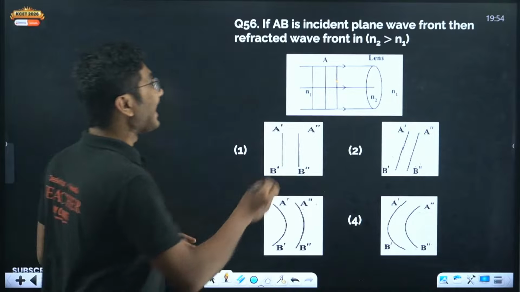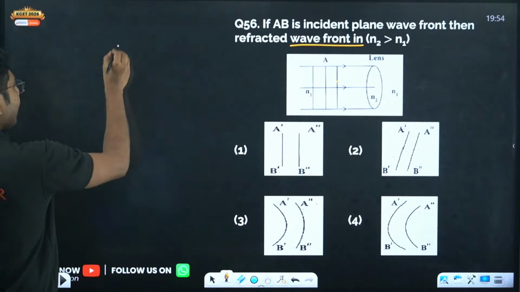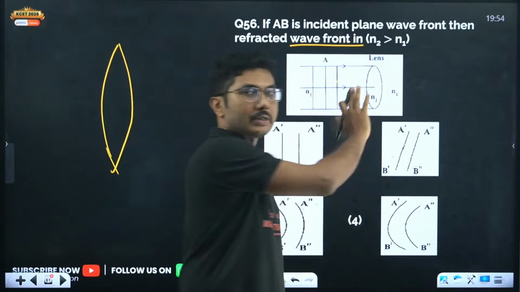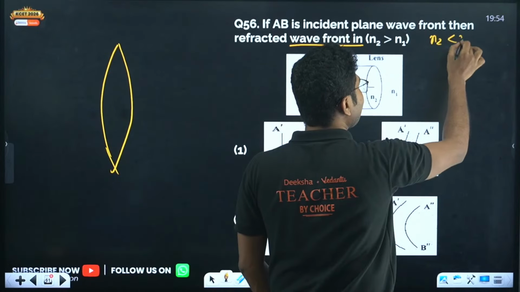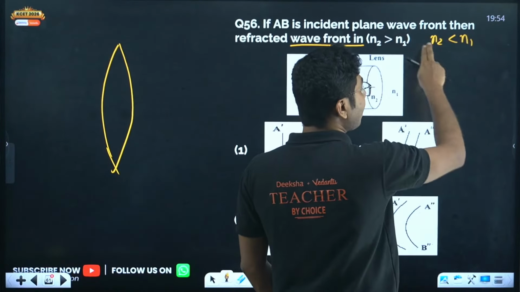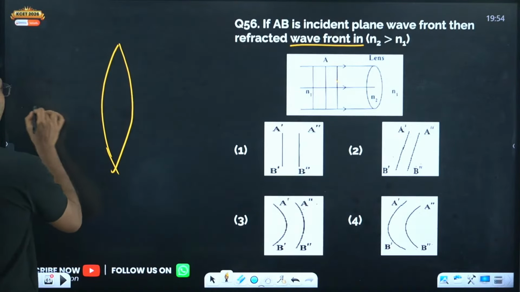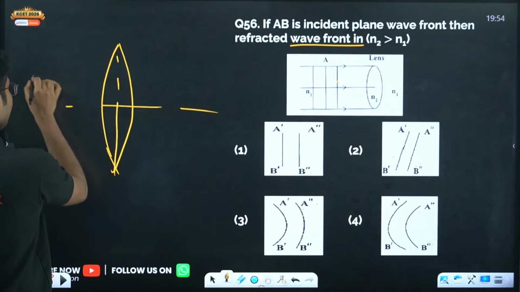You have to find the wavefront. Here we have a normal convex lens. If n2 is less than n1, then exactly the opposite would have happened. Remember that. Sometimes this kind of trickiness can be added to a question.